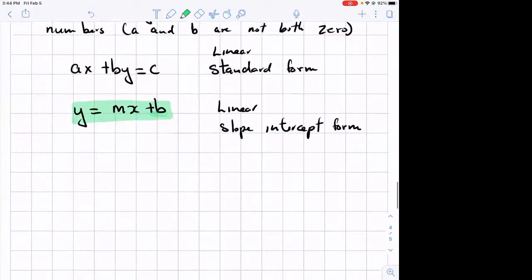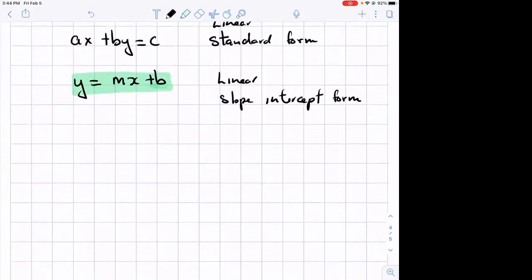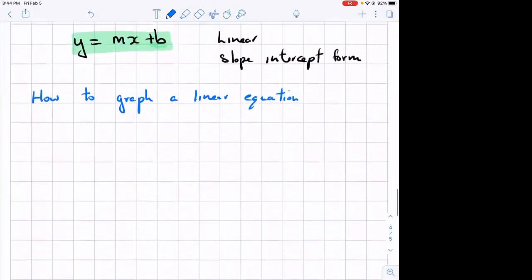Okay. Now, how to graph a linear equation? And there are many ways to graphing linear equation. We will look at probably about 3 of them, okay? 3 of them right now.